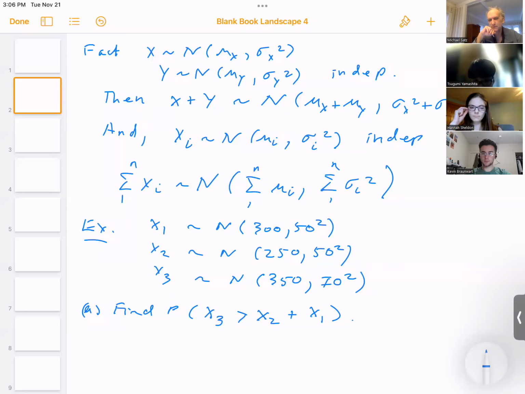Is that okay too? Well, if you like, you could call it adding, and we know that any constant multiple times the normal, we know that distribution too. So I can call it adding minus X1 plus X2. And so I get one thing on the one side and I want it greater than 0.